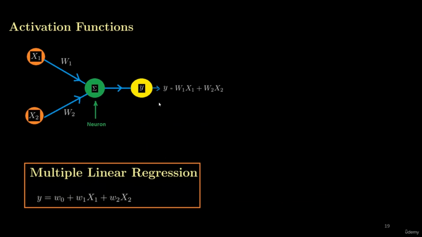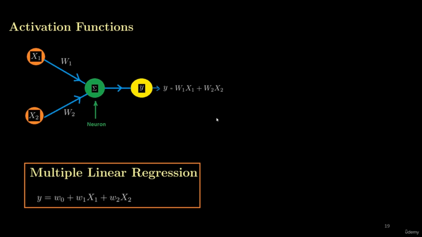Without the activation function, the output equation of a neural network is a linear equation. So in order to make this equation non-linear, so that our neural network can learn the non-linearity present in the dataset and perform non-linear classification, we need to add the activation function in our neural network.